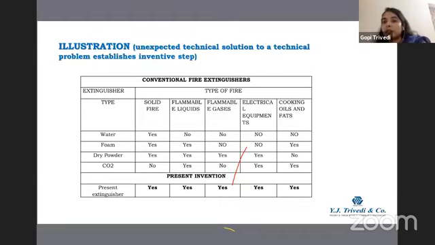At the same time, the invention could extinguish all types of fires. Now, if I can establish this, what I'm proving is that I'm solving a technical problem and providing a technical solution which is unique, which is unexpected, and thereby it is inventive, right?